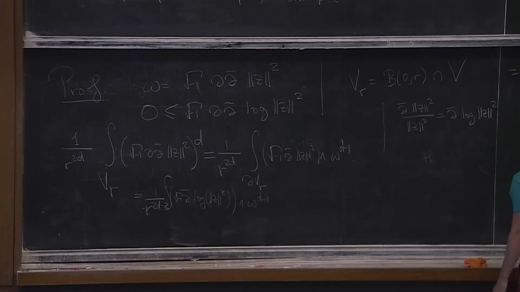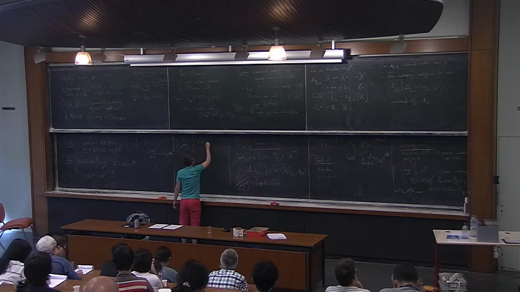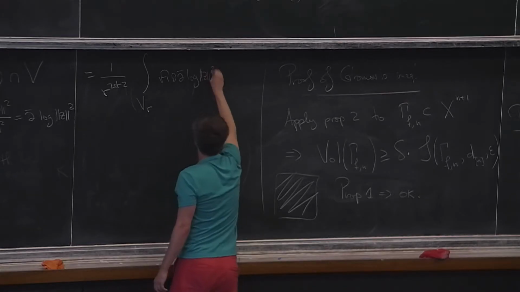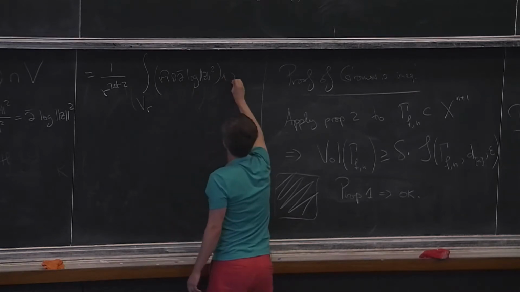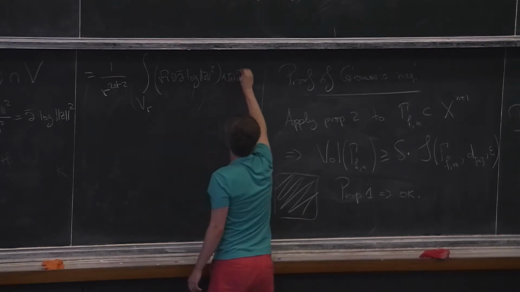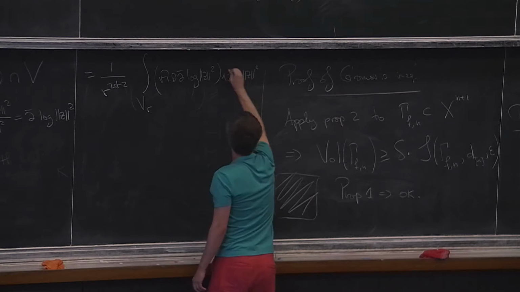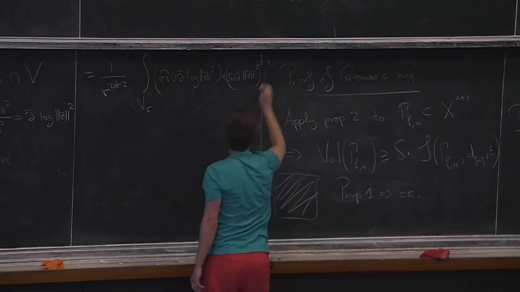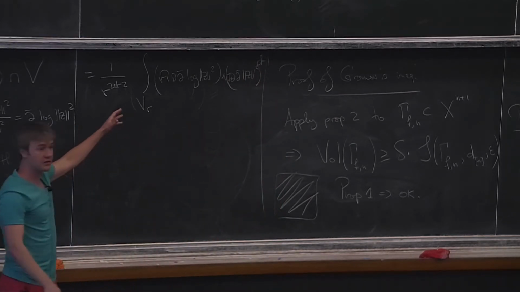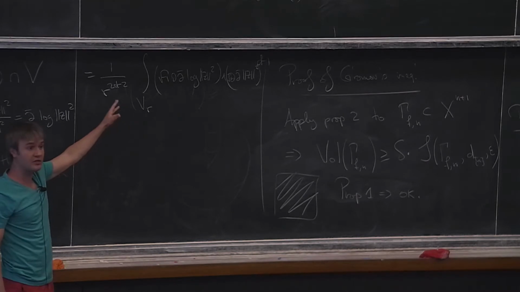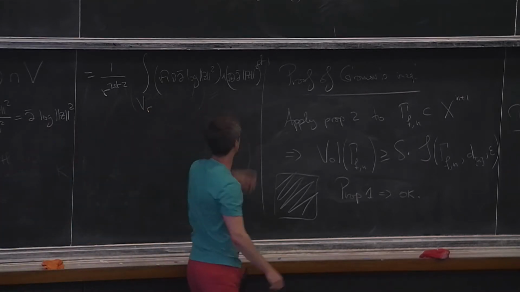And this is 1 over r to the 2d minus 2, the integral over now V_r of i dd bar log |z|^2, and then i dd bar of |z|^2 to the power d minus 1. And I keep doing this d minus 1 more times to trade this |z|^2 for log |z|^2.